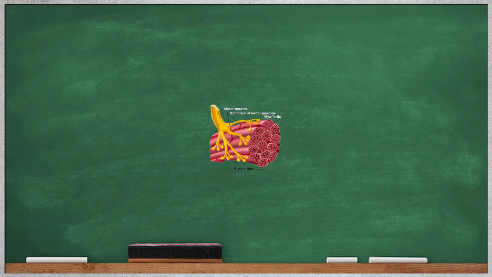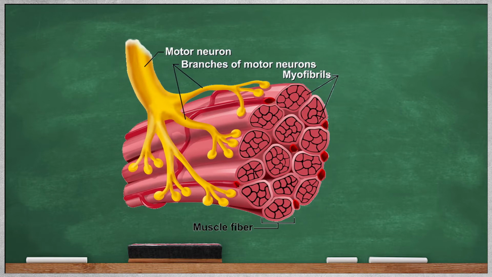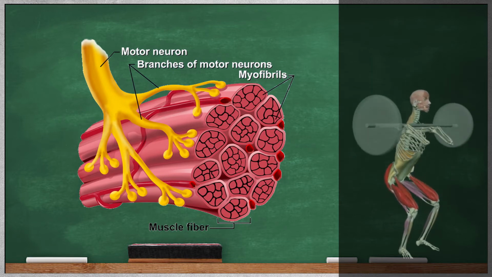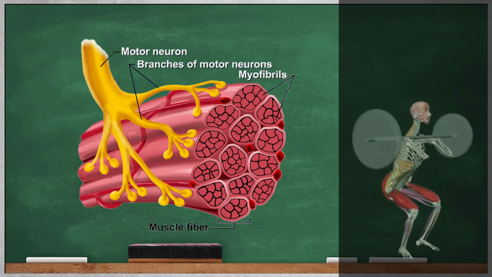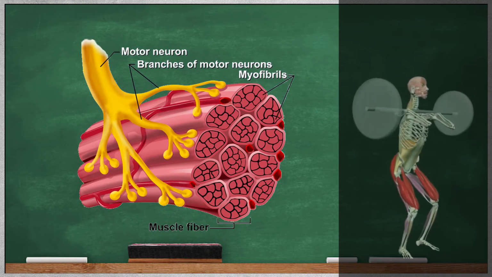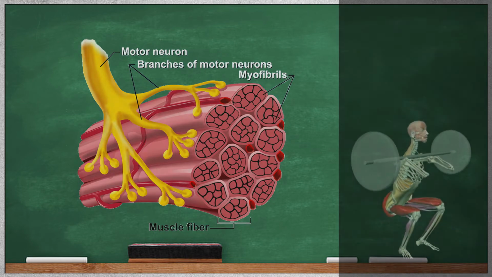Motor units, pictured here, are made up of motor neurons and the muscle fibers that are innervated by the motor neurons. Motor units work together to coordinate the muscle contractions involved in general physical activity and structured exercise training. For ease of understanding, I'll refer to motor units from here on as muscle fibers and muscle tissue.